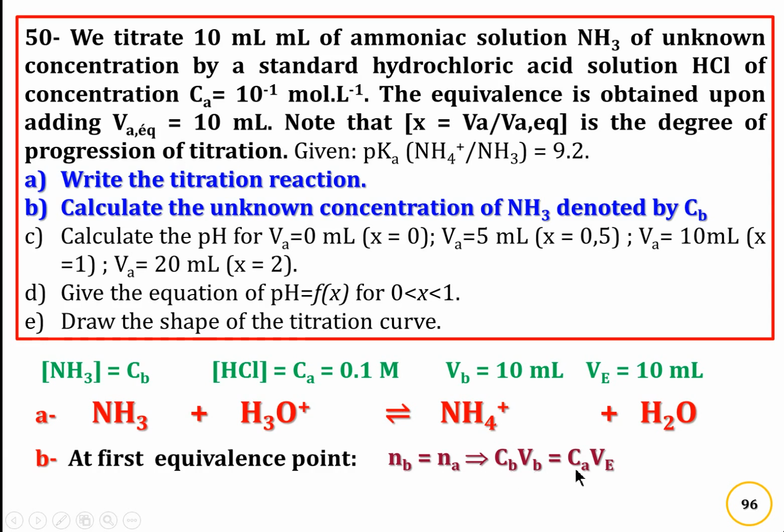So CbVb equals CaVa at equivalence, noted Ve. So Cb equals Ca Ve divided by Vb, and Ca equals 0.1 times Ve, which is given as 10 ml, divided by the volume of the base taken initially, which is given as 10 ml. So the concentration of the base is equal to 0.1 molar.